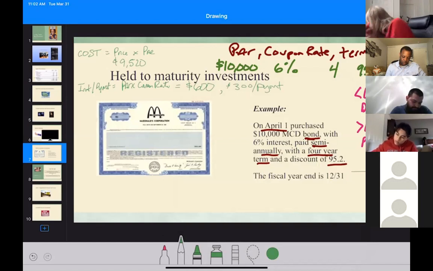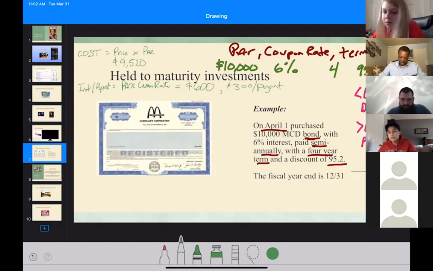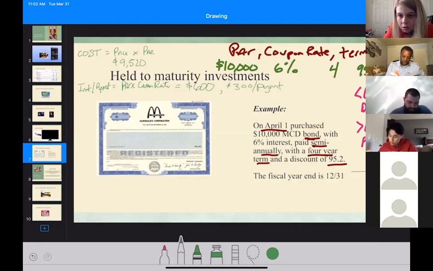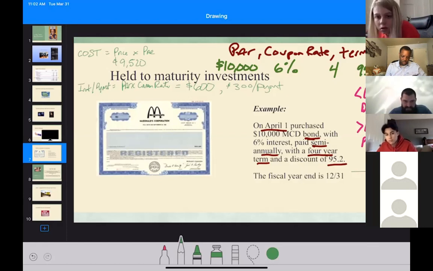$120 a year. I asked the question not knowing the answer, so let me do some math. 480, right? So let's look at it this way. We've got our bond investment that we paid $9,520 for.